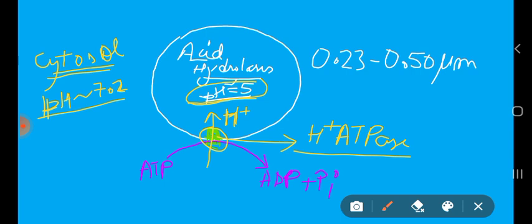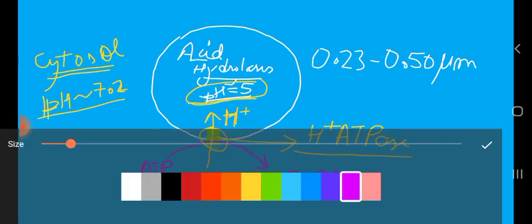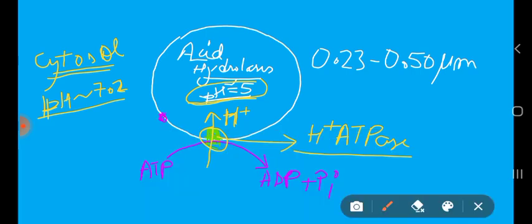Now, of the lysosomal membrane proteins, I have shown you the H plus ATPase or the proton pumps. Other proteins are also found, like some transmembrane proteins which transport the digested products towards the cytosol. The question arises: why are these proteins not degraded by the acid hydrolases found inside the lysosomes?